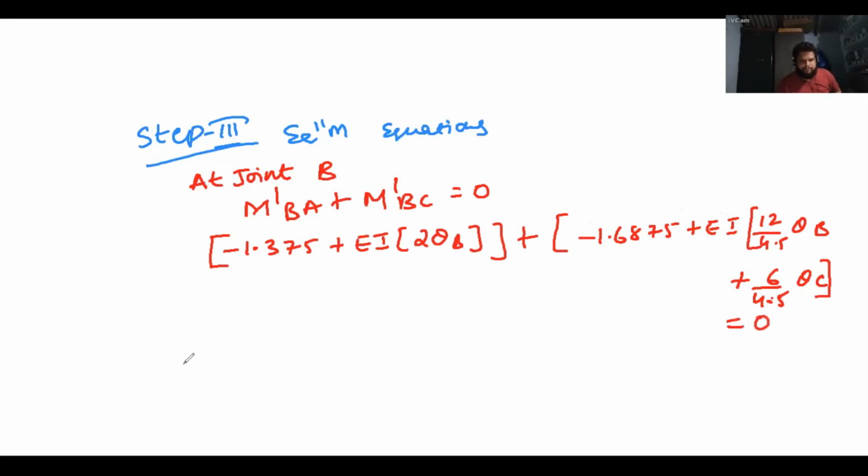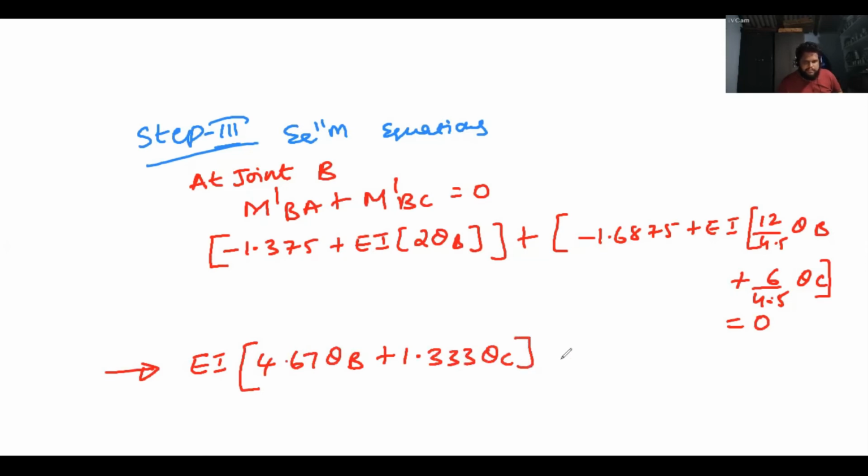Now if you rewrite this equation, taking EI common, this will become 4.67 theta B plus 1.333 theta C equals 3.0625. Take this as equation number 1.